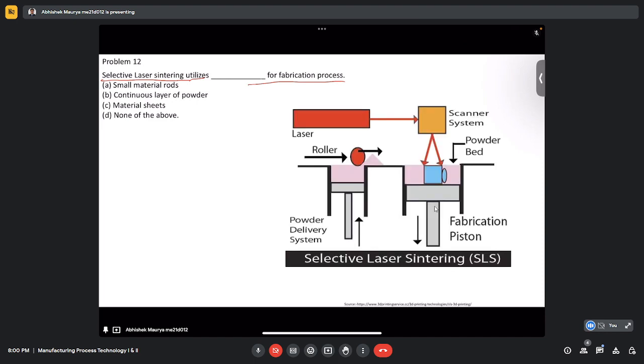Now let's come to one more process. This is called selective laser sintering. Here again the component is made layer by layer, but the raw material is in powdered form. This is the cartridge of the powder, and its height is controlled by this piston.